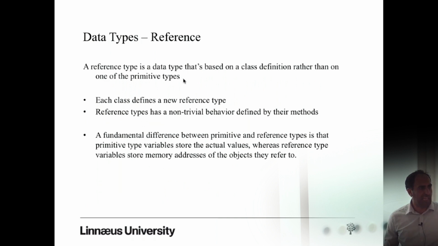And then we have reference types. Reference types are the types that are defined by Java classes, that are defined by the user. So if you have more complicated, more complex data, which is composed of more than one value.